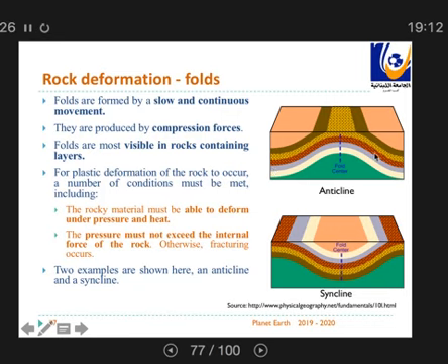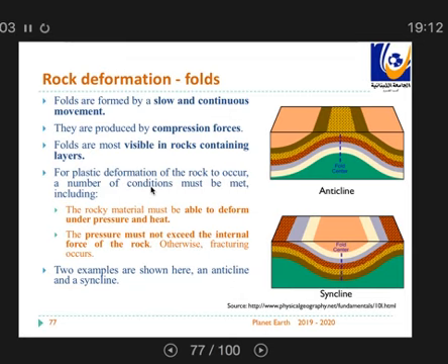It is easier to see the folds. Now, the fold may have this shape or this shape. In the first case, it's called an anticline. You can remember that because it has the shape of an A. And in the second case, it's a syncline. There are other examples, but these are two examples of folding.